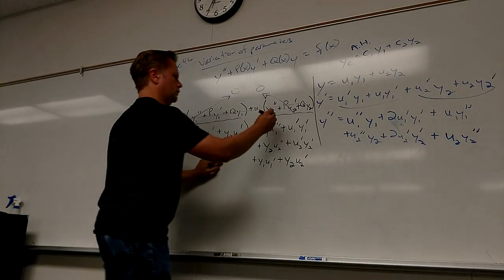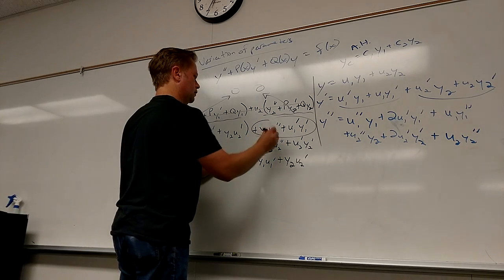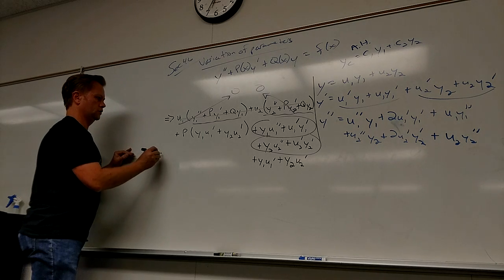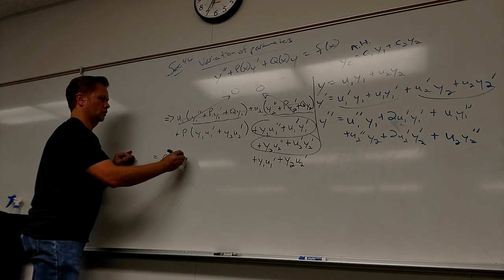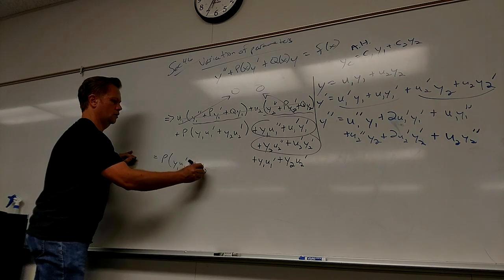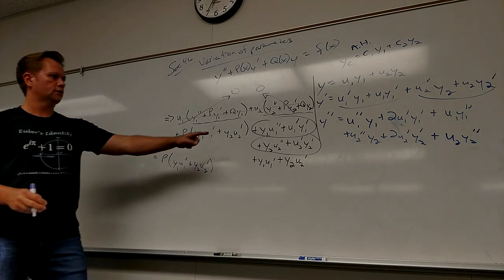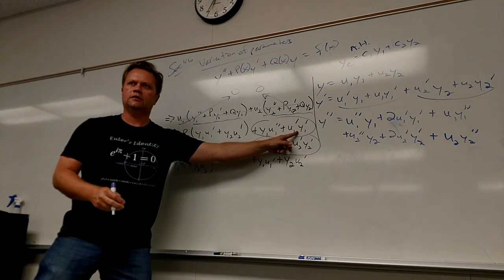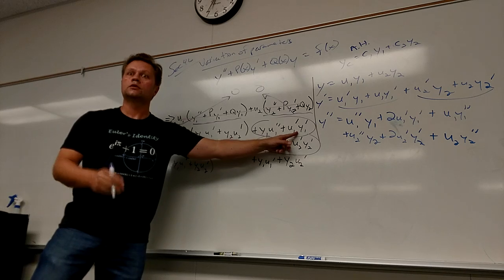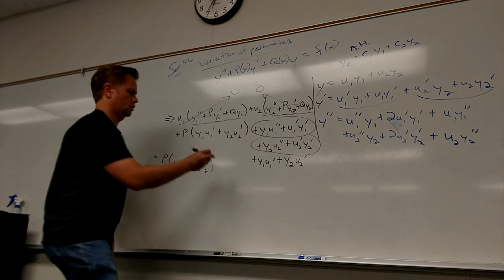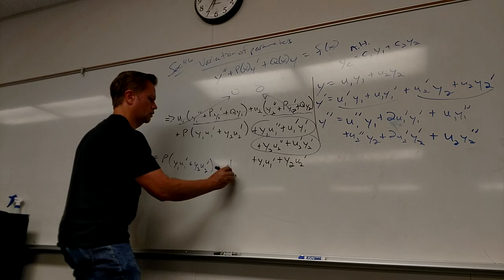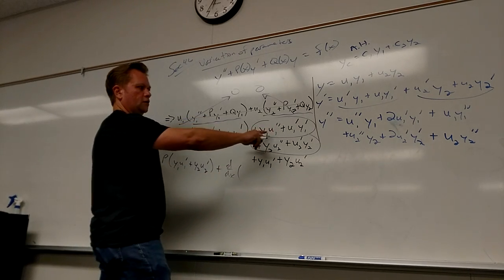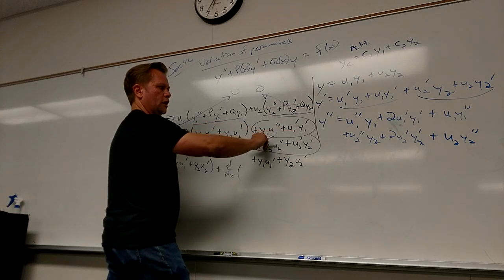Now, what is it? These guys here are very interesting. I can rewrite those. All right, I appreciate your patience. So, does anybody notice something about these? Isn't it the derivative of y1 times u1 prime?